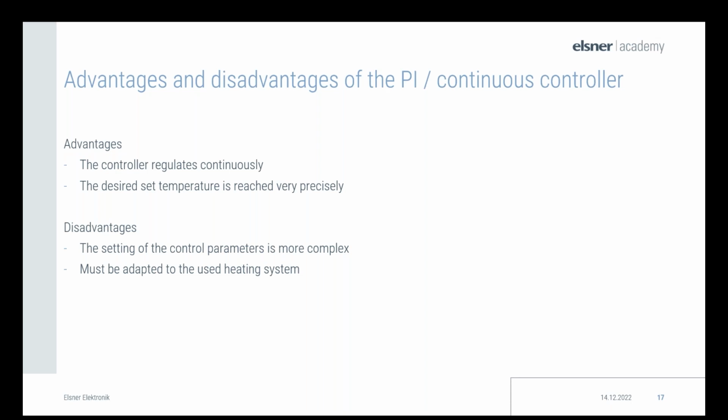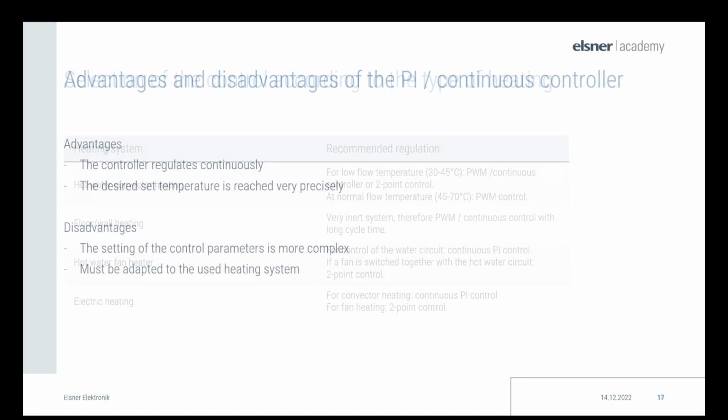So it's a higher level of automation and also of ETS skills in the long run that is requested to do PI control setting. Also, it must be adapted to the used heating system. So the PI control will change from one heating system to another. So it's not always the same PI rule that you can apply.